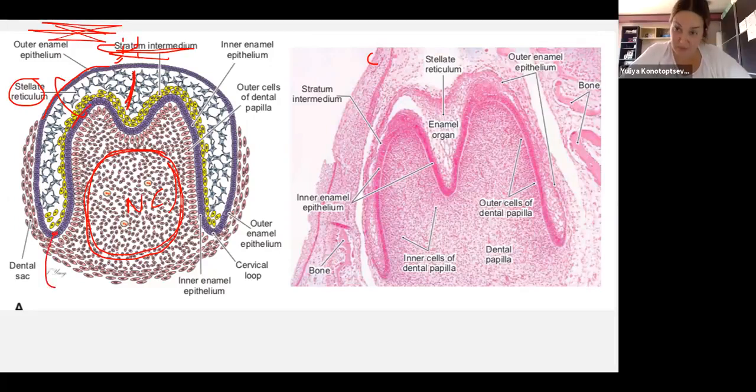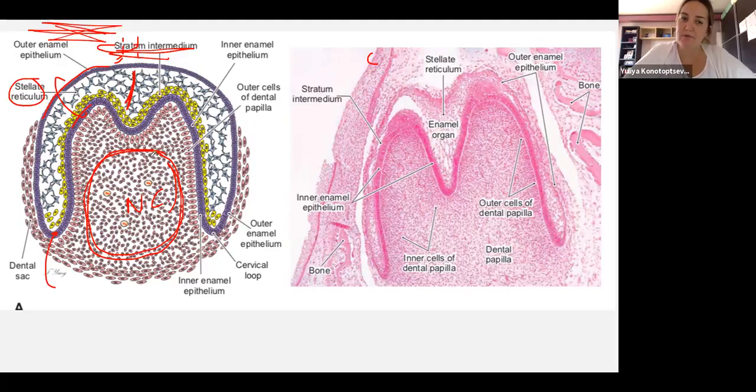So at the bell stage specifically, at the 12th week, the inner enamel epithelium differentiates to become ameloblasts. Ameloblasts are very tall columnar cells. That's their appearance on the histology slide. Very tall, like extra columnar cells. So is it clear? The inner enamel epithelium at the bell stage specifically becomes ameloblasts.